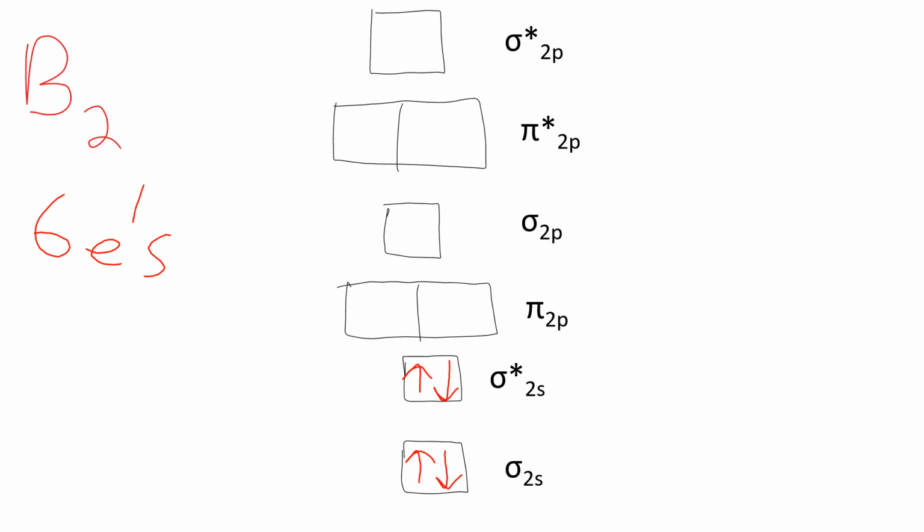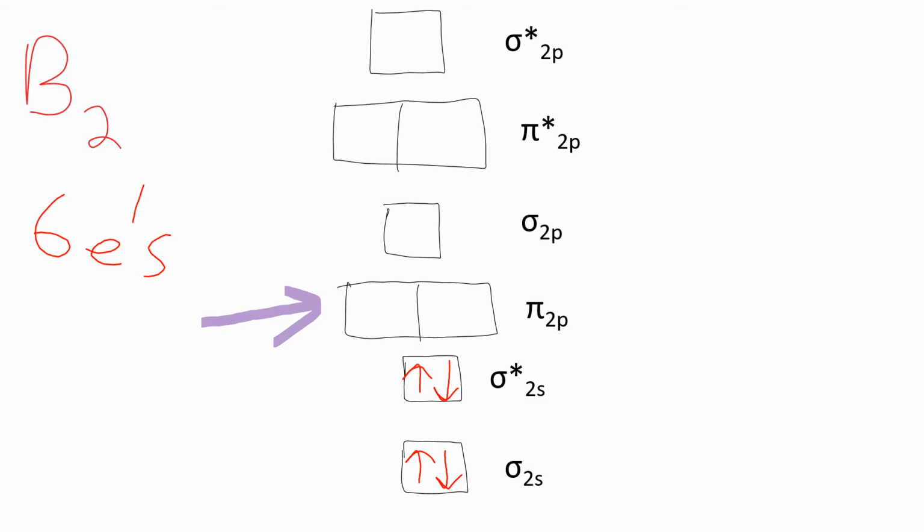Now we're looking at a set of 2p bonding orbitals. Notice that there are 2 orbitals here, because there's 2 different pi bonds that could form here. They have the exact same energy. That's why they're at the same point on the energy scale.